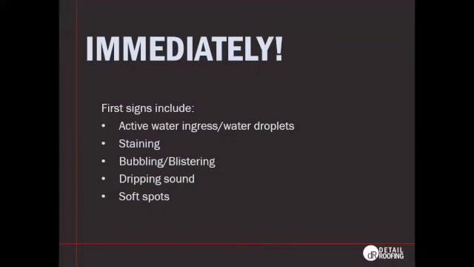Any water droplets, staining, blistering, even dripping sounds can indicate that a leak is occurring, because not all leaks can be seen. Eventually it might cause staining or an active appearance on the ceiling. But if your residents come to you and say there's a dripping sound behind the ceiling, you don't always want to write it off, because it could be an indication of a leak.